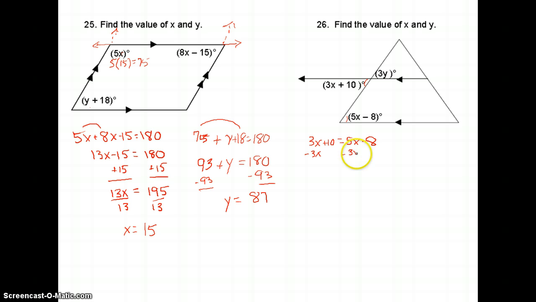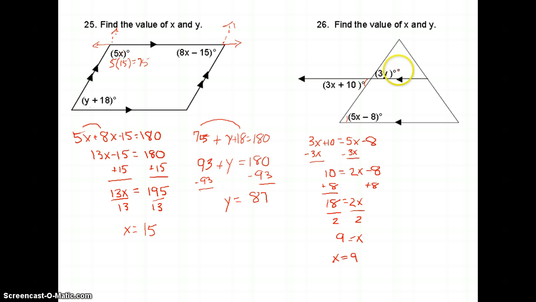I'm going to get rid of the small x. I got 10 equals 2x minus 8. Add 8 to both sides. 18 equals 2x. So 2x equals 18, or if you prefer, x equals 9.